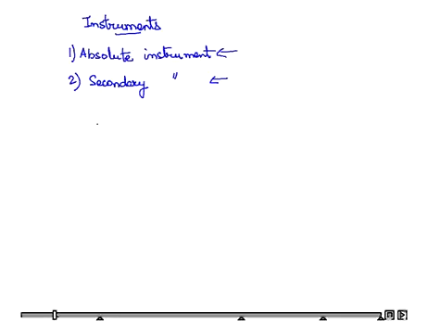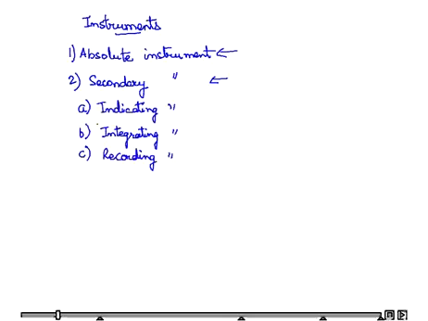There are various types of secondary instruments. For example, first is indicating instrument. The second one is integrating instrument. The third one is recording instrument. Indicating instruments are those which indicate the magnitude of any electrical quantity.